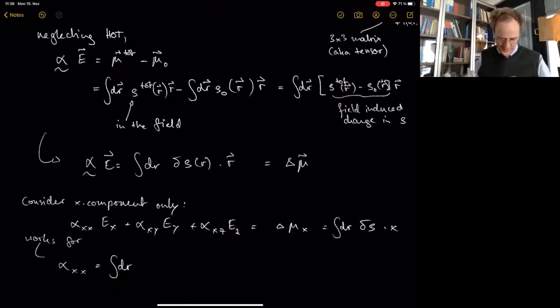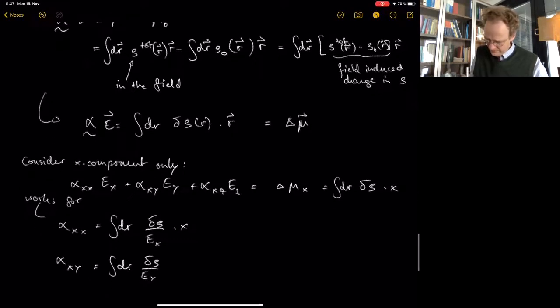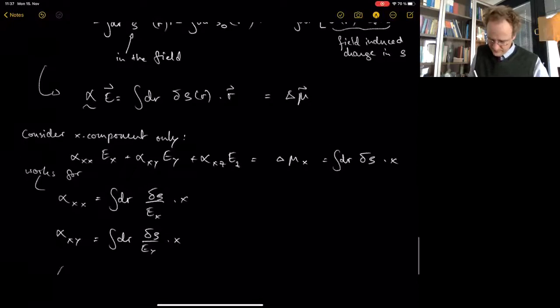So that works if you have for alpha XX the change in rho divided by EX times X. And for alpha XY, you would have the change in rho over EY times X. Alpha XZ: the integral of dr, change in rho over EZ times X. Okay.